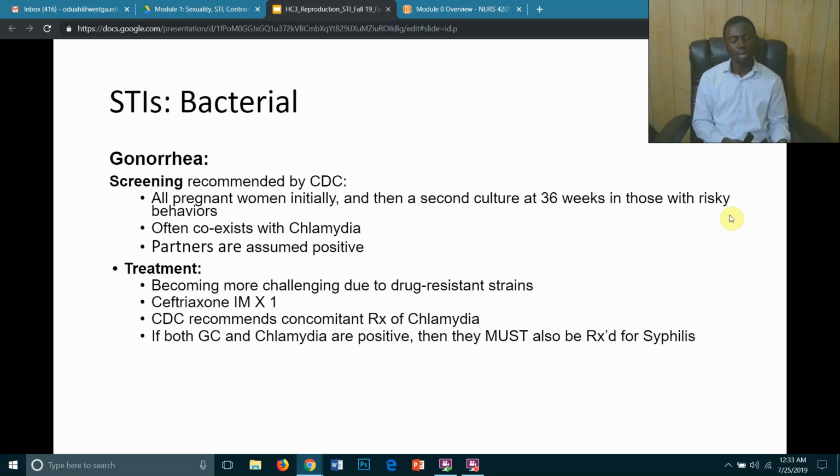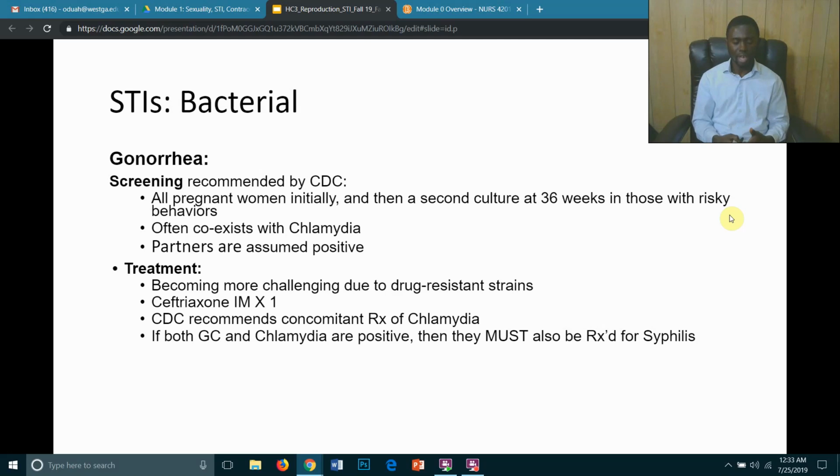So if you treat somebody for gonorrhea, then you are also supposed to give the antibiotic for chlamydia together, because it is believed that if someone is exposed to gonorrhea, they have an increased risk of contracting chlamydia as well.